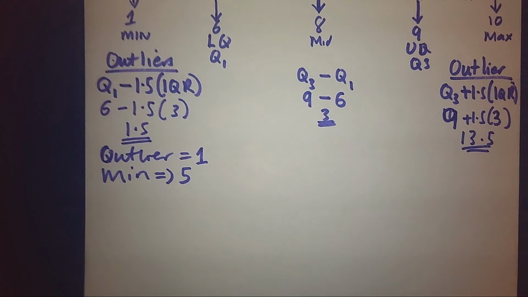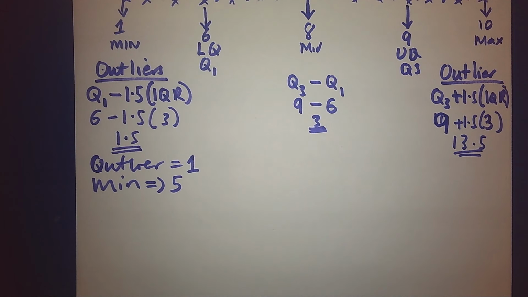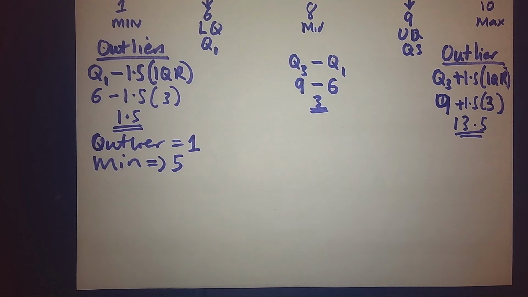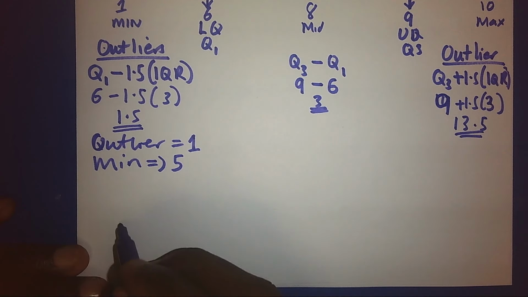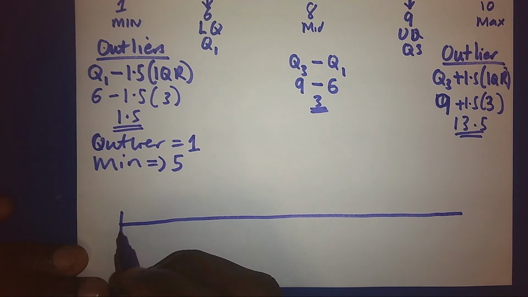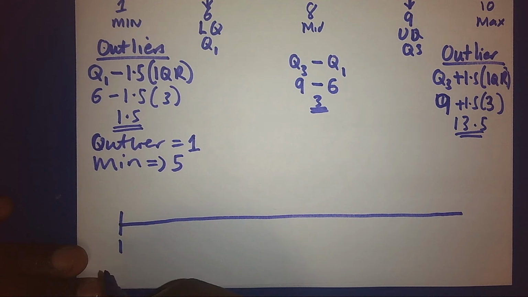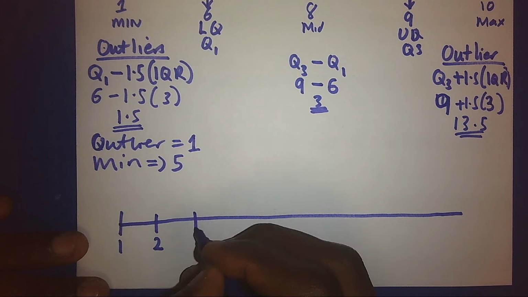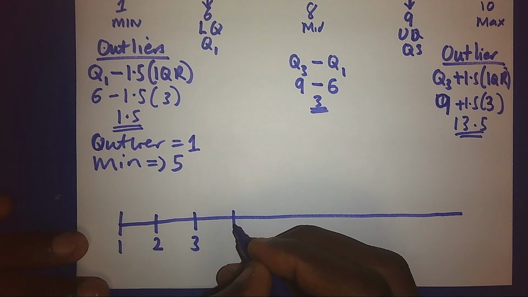So let's draw our box and whisker plot using the data. Again, as I said, it is advised to draw your box and whisker plot on grid paper. So normally you should use grid paper.